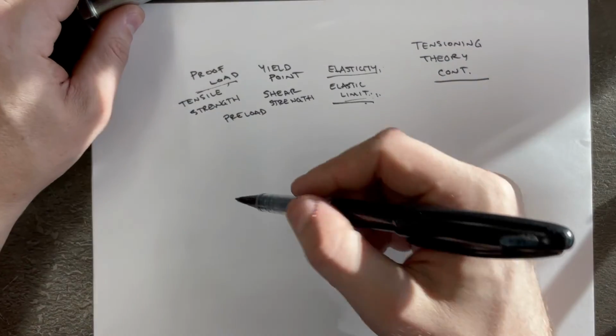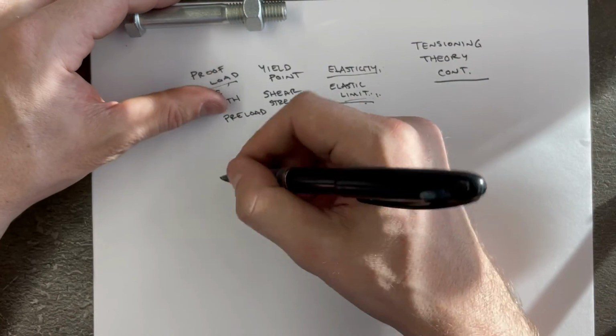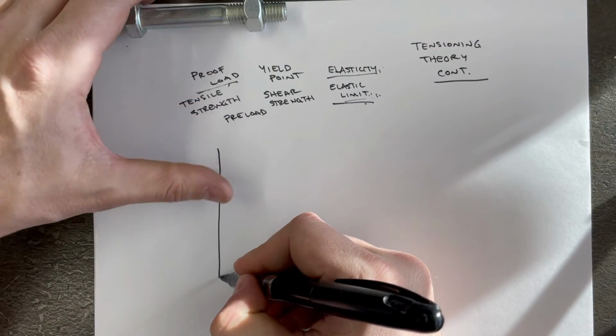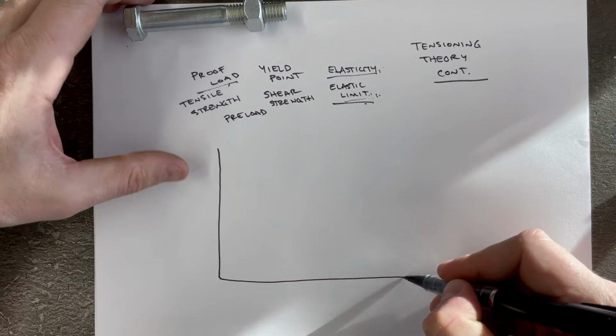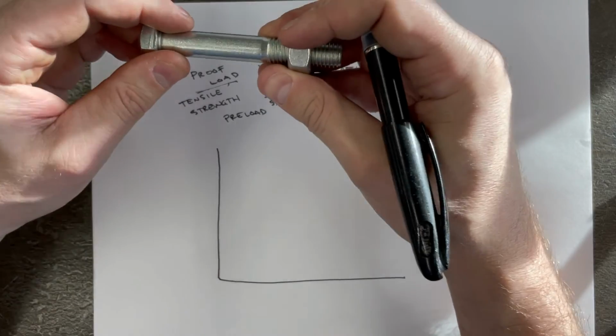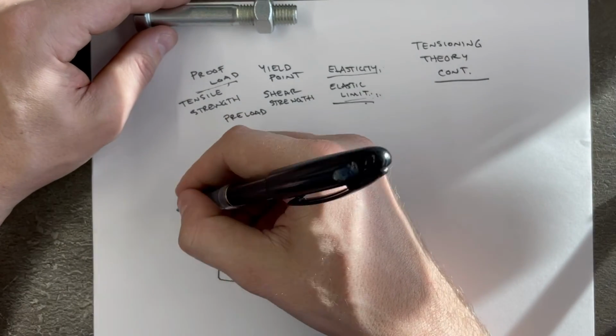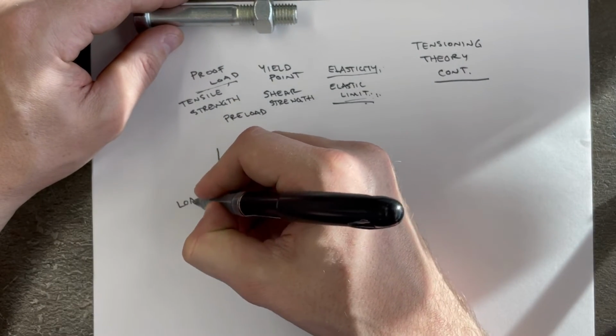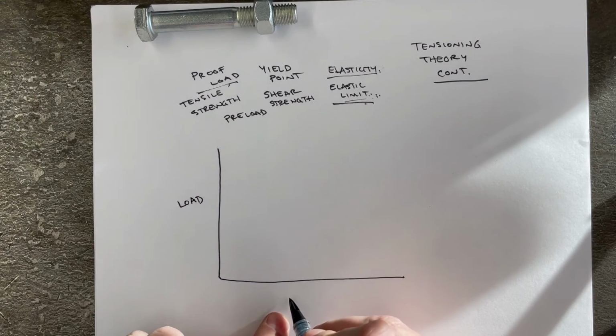Okay, so if we look at our bolt, we can chart this. If we make a chart, we can say that this is the amount of load, or how much the fastener can absorb. So this is the load of a fastener, and then on this axis we're going to put the stretch.